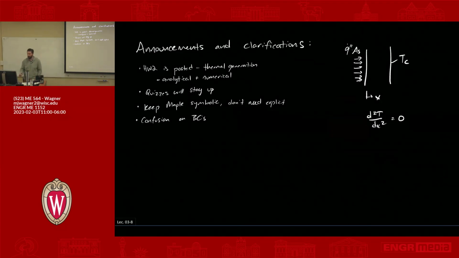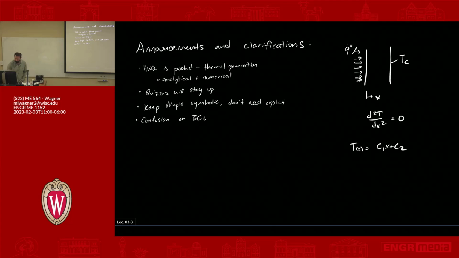If you solve that ODE for the general solution, you end up with T as a function of x equal to C1 x plus C2. This is the easiest solution. What it means to enforce the boundary condition is you need to take this temperature general solution and relate it to the boundary condition equations.